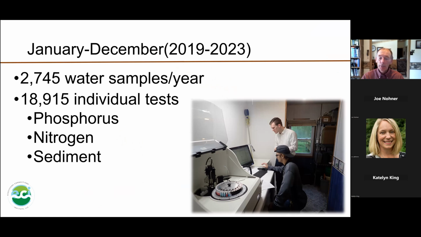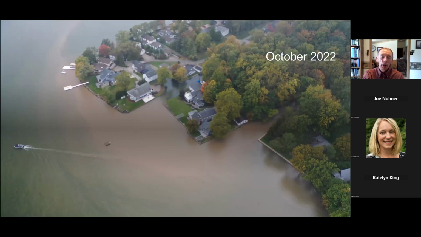We use a SEAL Analytical auto analyzer to do the chemistry, and we looked at the sediment gravimetrically as milligrams per liter, but also optically looking at NTUs as well. We looked at total phosphorus, soluble reactive phosphorus. We looked at 3 species of nitrogen, and started trying to piece together what was really going on.